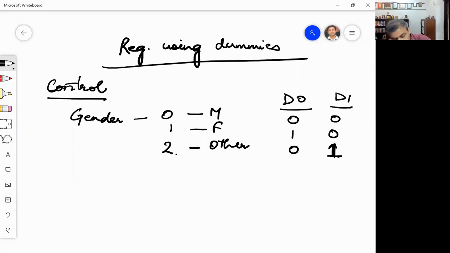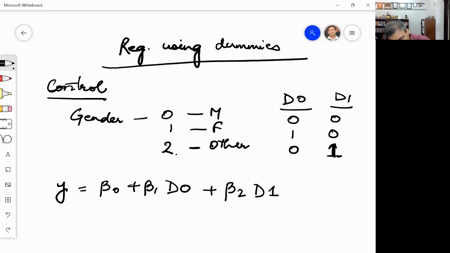So when you are doing your regression, you will have beta naught plus beta 1 times dummy 0 plus beta 2 times dummy 1 plus beta 3 times, let's say, leadership. Now here y for us was, let's say, procedural justice.